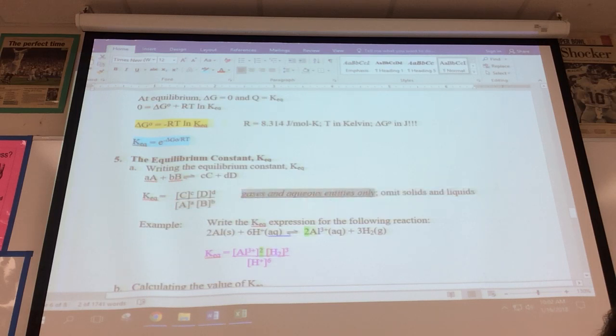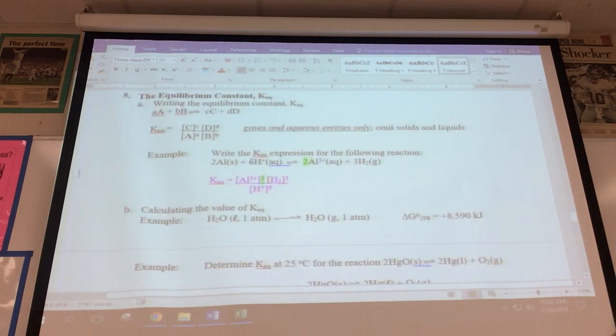Only gases and aqueous entities, no solids, no liquids. You'll see more of that in the next chapter. I won't ask you to write KEQ at this stage. You'll get it in the next chapter. I just wanted to show you what KEQ expressions look like.